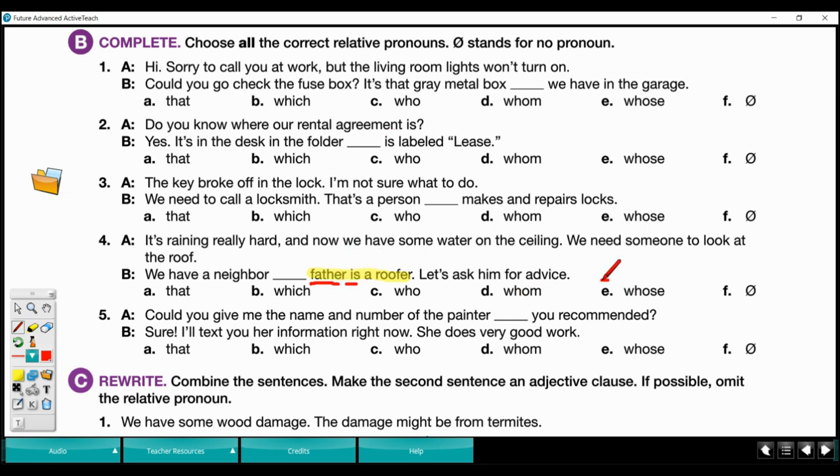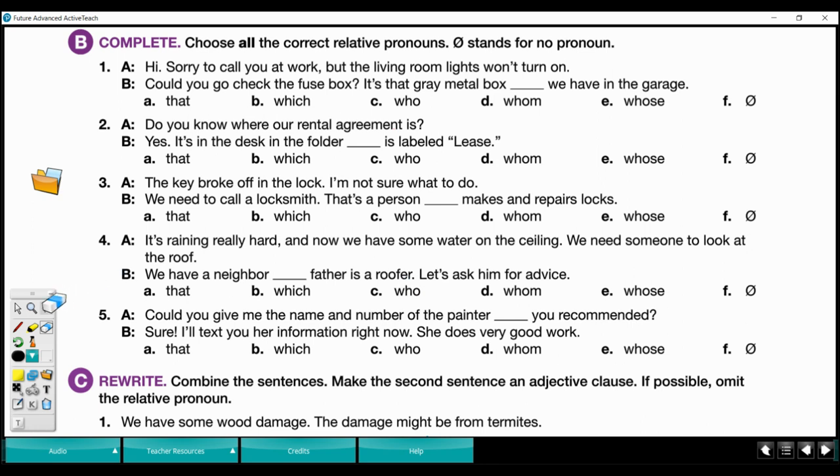In this case, the only option is whose, because whose will always come directly before a noun. Okay, so we have a neighbor whose father is a roofer. Let's ask him for advice. Again, I can't use that father because father is not a pronoun. I can't use which because it's not a thing, and so on.